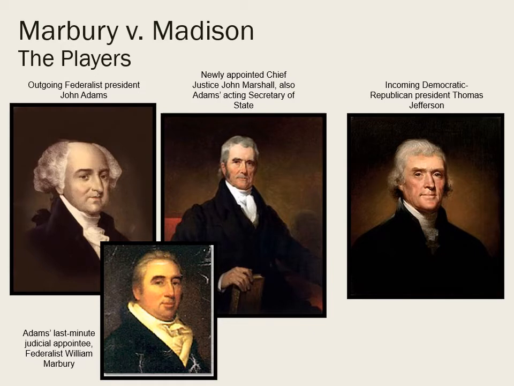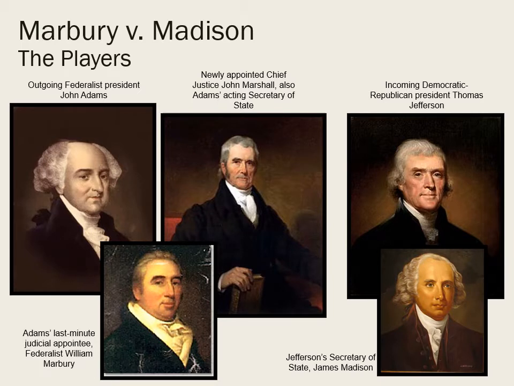And they wrote to each other constantly. But at the time of Marbury v. Madison, they were not on the best of terms. They had had a falling out. Federalists and the Democratic Republicans basically disagreed with each other about everything, which is not terribly different than what we have today. And finally, there's Jefferson's Secretary of State, James Madison.